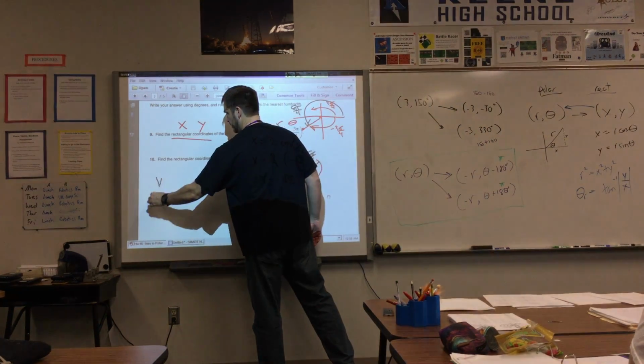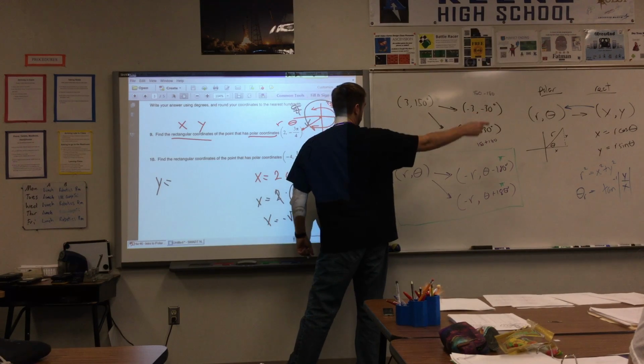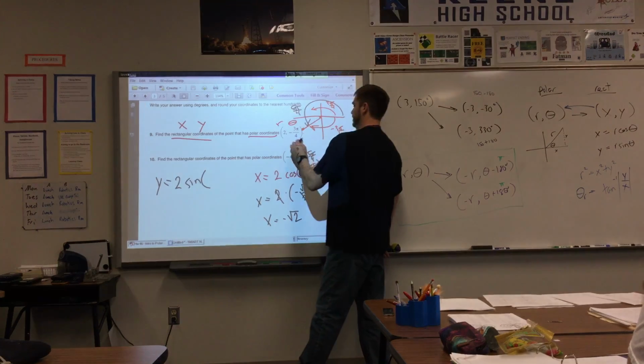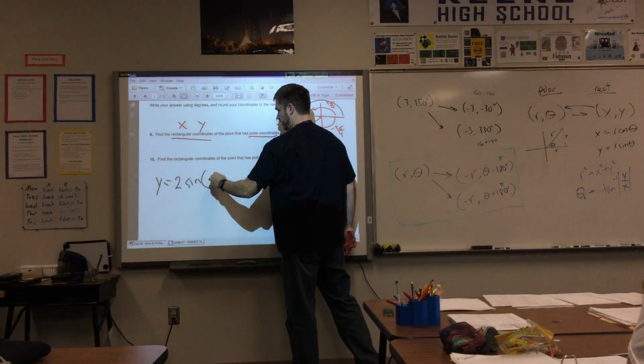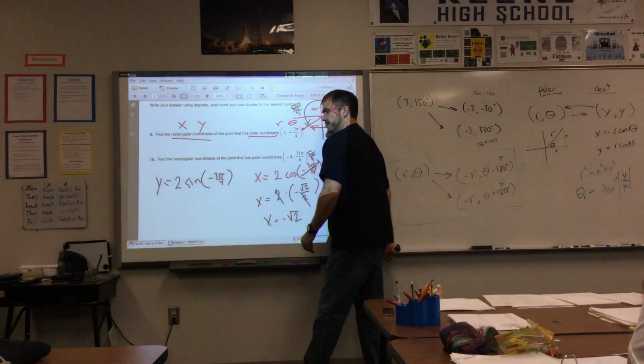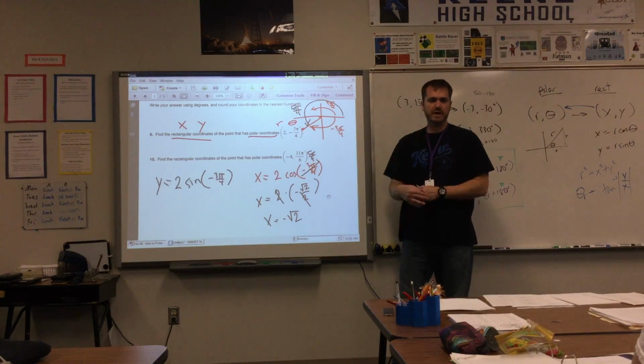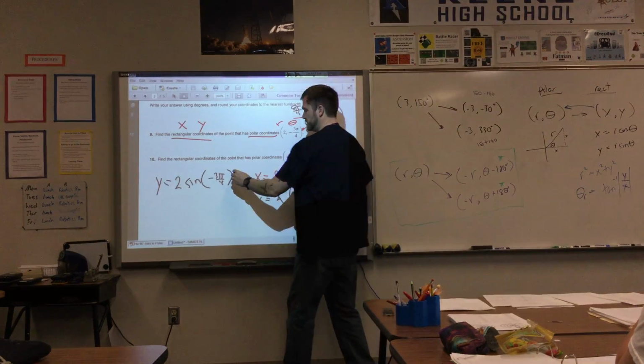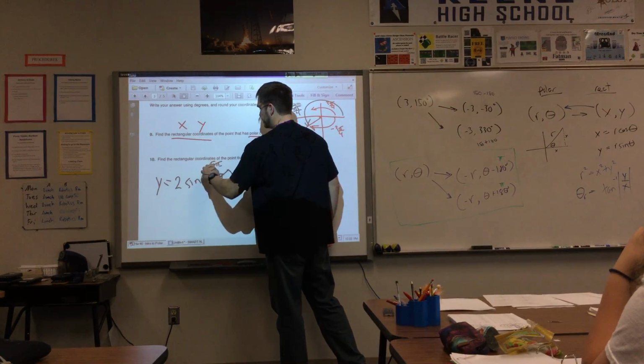Our y value, you utilize the formula r sine theta. So 2 times the sine of negative 3 pi over 4. Negative 3 pi over 4 doesn't show as is on your unit circle, but as I said a moment ago, 5 pi over 4 does. So 5 pi over 4.